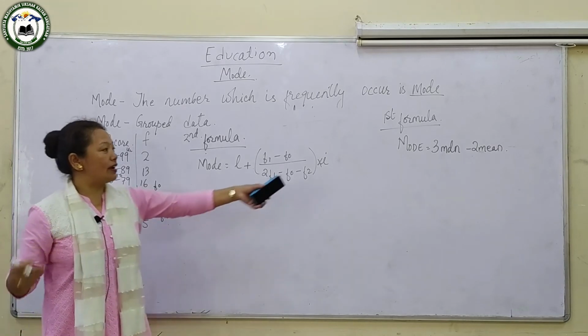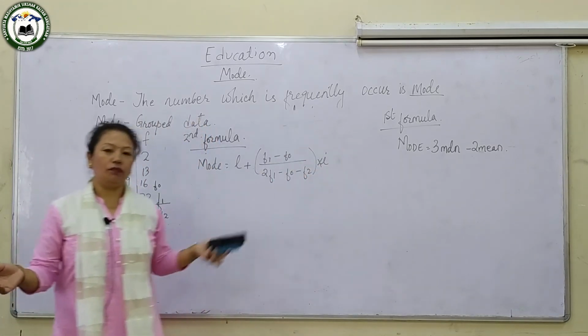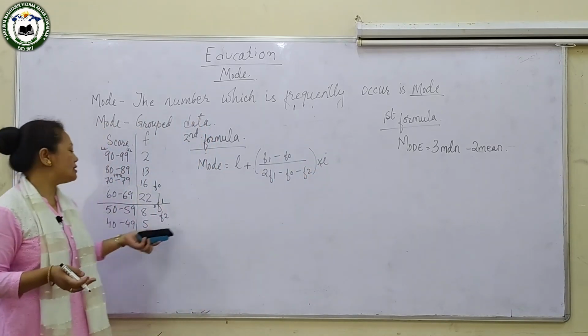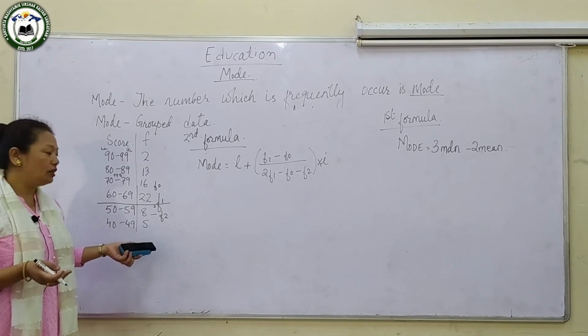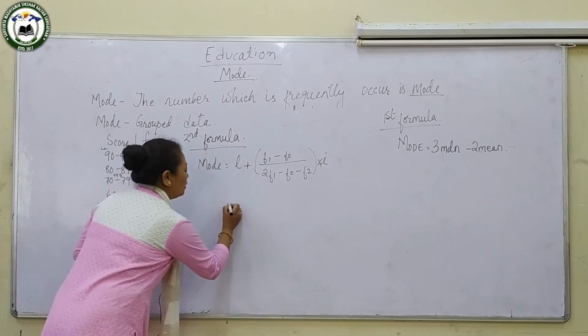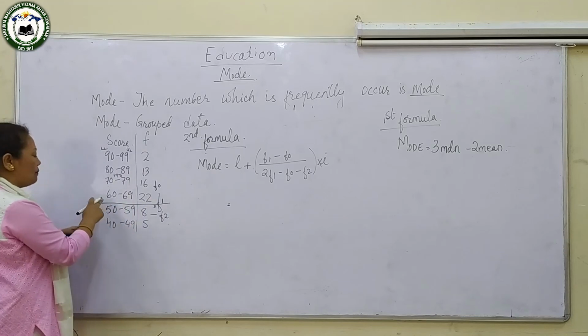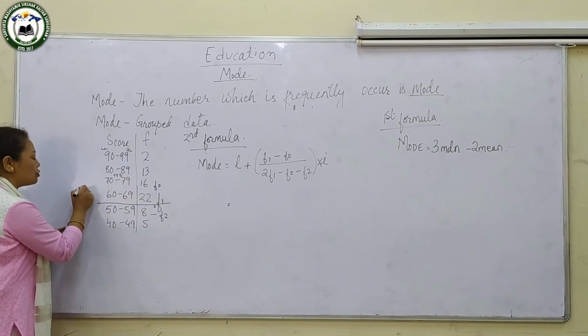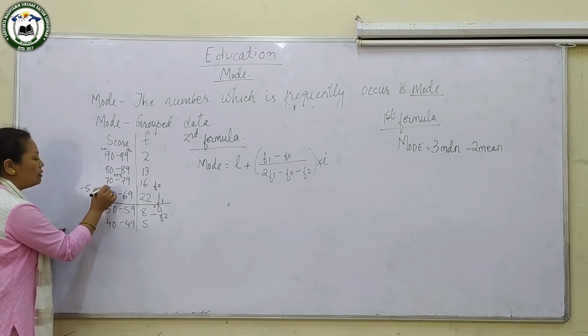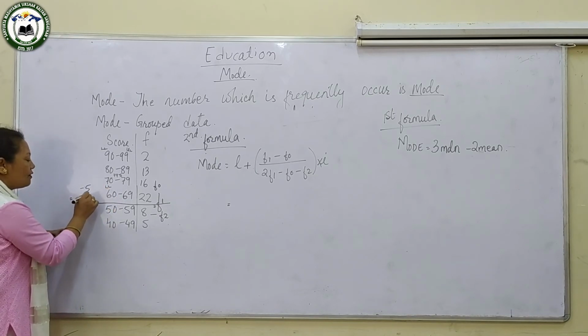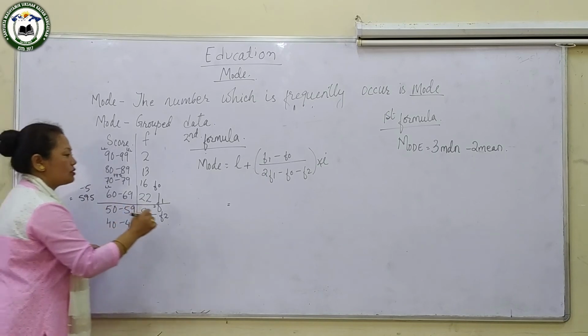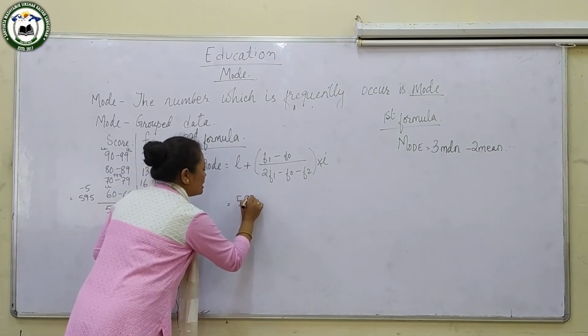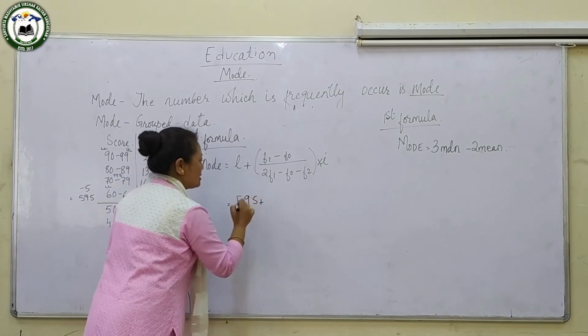So likewise we have done in the mean and the median. This is the easiest way to find out the mode. So alright, what is my lower limit? Since I told you to subtract 0.5 from this lower limit, what I'll get is 59.5. So over here 59.5 plus.